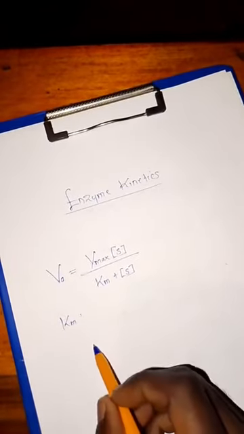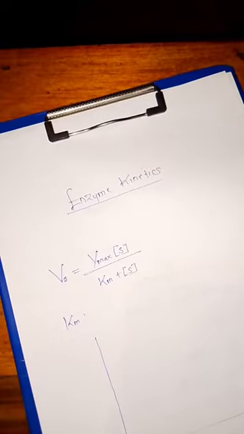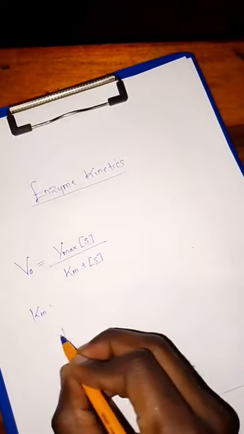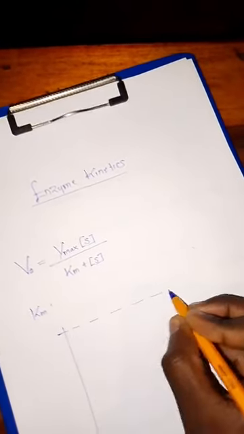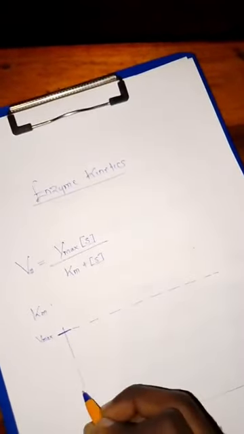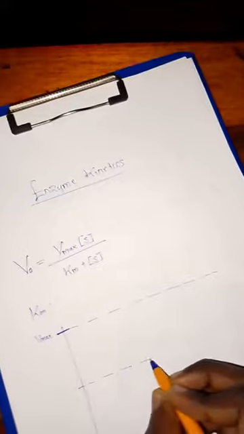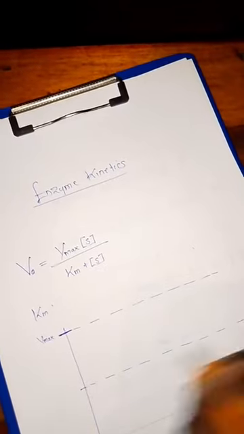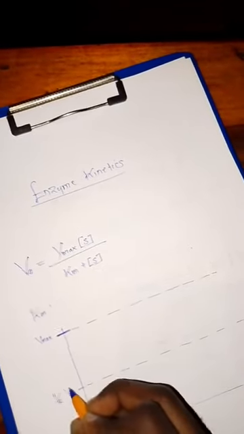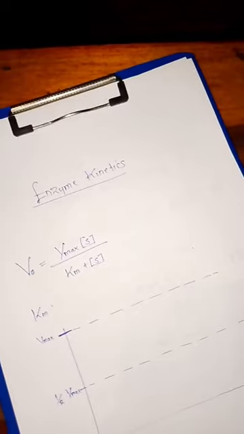So let's say we have a graph like this, and we know that the maximum velocity at which an enzyme can work is at this point, which is the Vmax. Let's say this point is half of the Vmax.